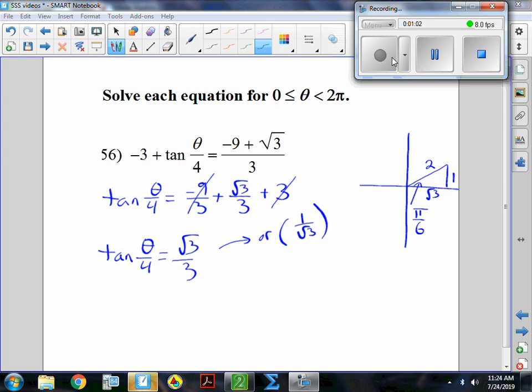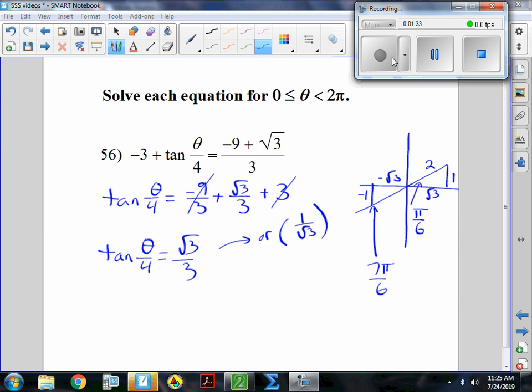Happens in quadrant 1 at pi over 6, also happens in quadrant 3, which makes that 7 pi over 6, because then I have a negative 1 and a negative root 3. So negative divided by negative is positive. So normally from 0 to 2 pi, there are 2 solutions, pi over 6 and 7 pi over 6. Those are the 2 solutions from 0 to 2 pi for tangent theta equals 1 over root 3, or root 3 over 3.